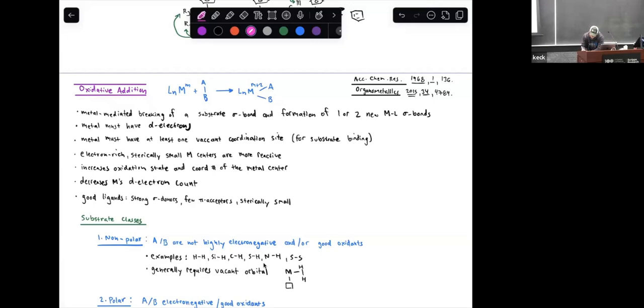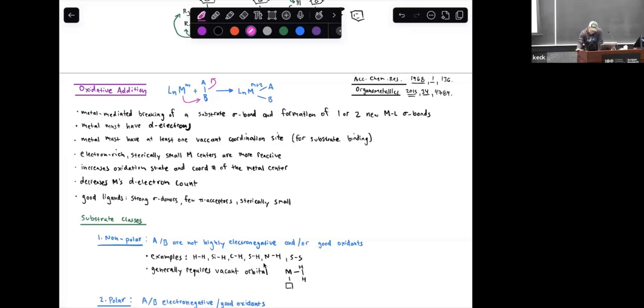And so oxidative addition, since we're generally organic chemists and we like arrow pushing, this is how we can think about that. Pushing electrons from a filled d orbital on the metal to the reactive organic substrate or ligand, however you want to define it, to break a sigma orbital.